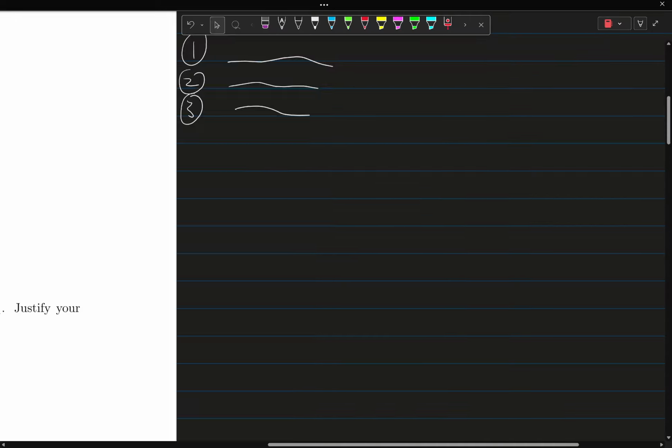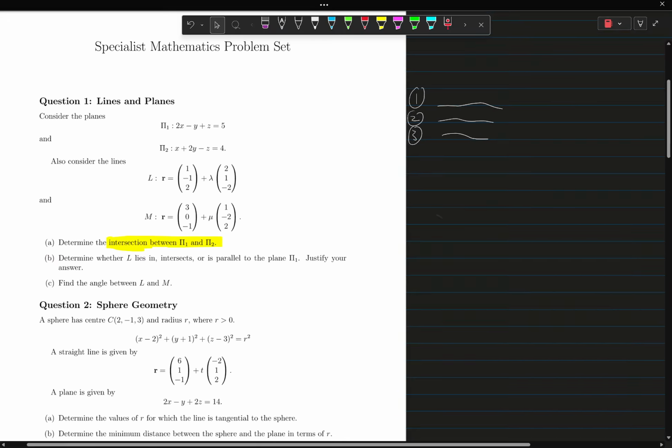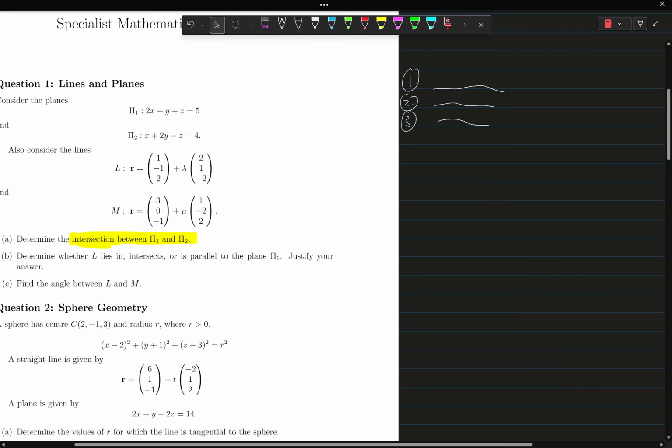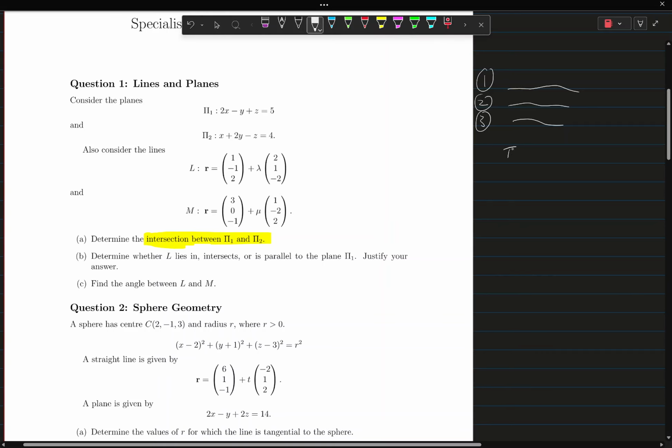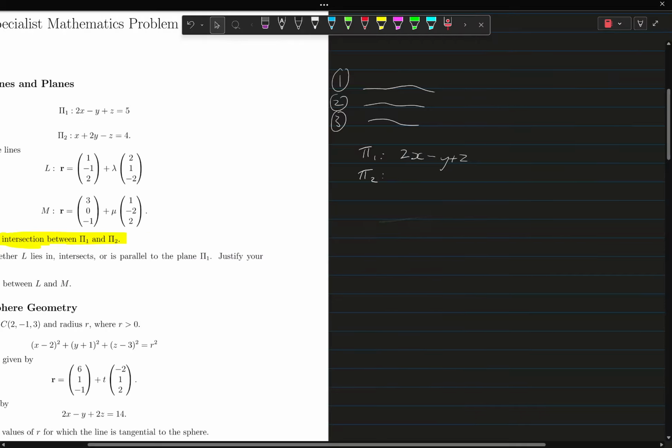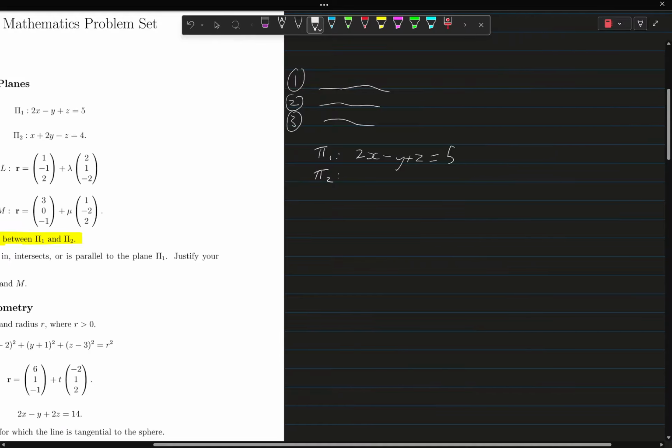But we only have 2 planes, so either the planes will intersect along a line or they won't intersect at all. So let's start with our simultaneous equations. We have 2x minus y plus z equals 5, and x plus 2y minus z equals 4.